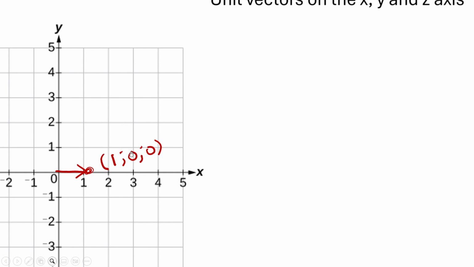Along the y-axis we do not find it. Along the z-axis we don't find it. It's weird for me to write it this way if we're using an xy Cartesian plane, but here the x value 1 tells us the length of the unit vector, and the y value is 0 because we don't find any component or any projection of this vector on the y-axis. The z value is also 0.